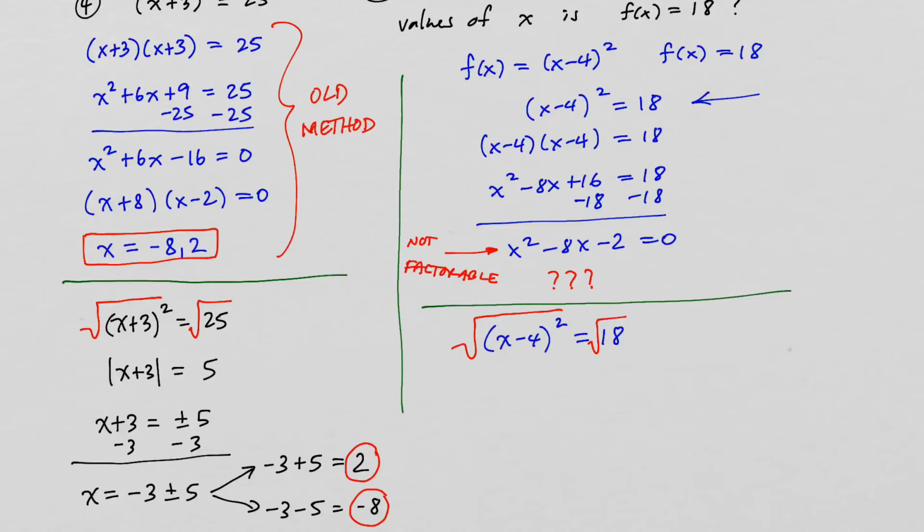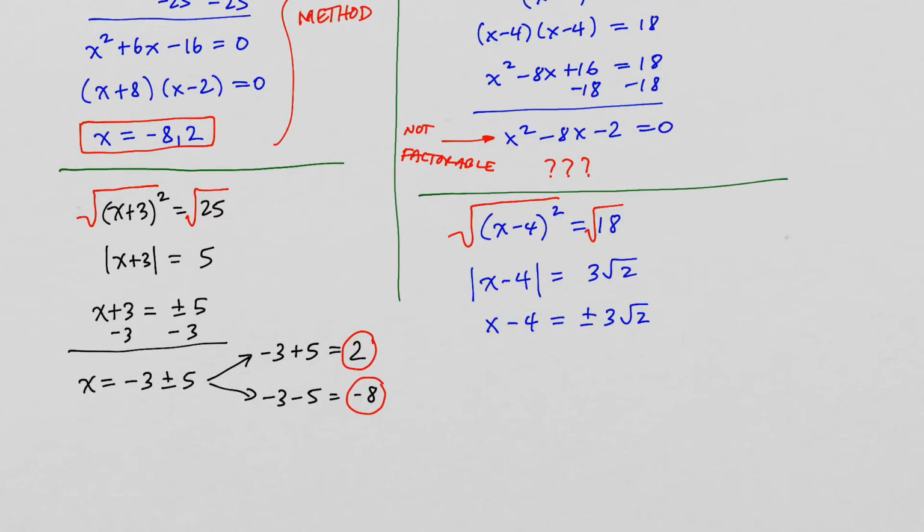On the left-hand side, what happens is the square root and the square cancel out, leaving us with x minus 4. Technically, it's in absolute values. And the square root of 18, if you simplify that, is 3 radical 2. And then that means that x minus 4 must be equal to positive or negative 3 radical 2.